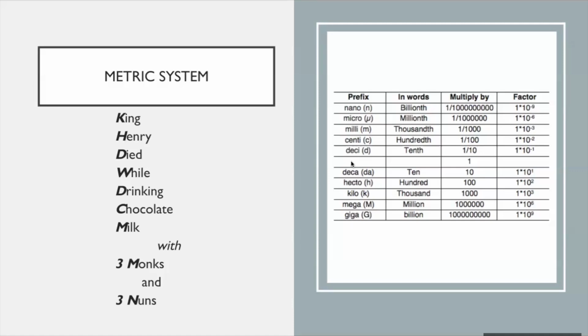If you need an acronym to remember this, King Henry died while drinking chocolate milk with 3 monks and 3 nuns is a very helpful one because the order of this definitely matters because each prefix can be matched up with an exponent that you need to multiply by in order to get your desired unit.